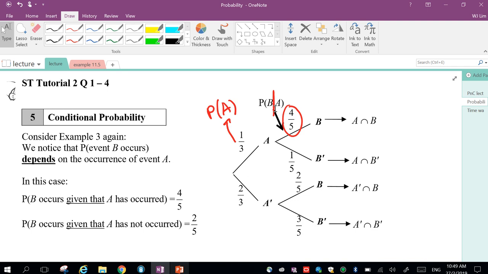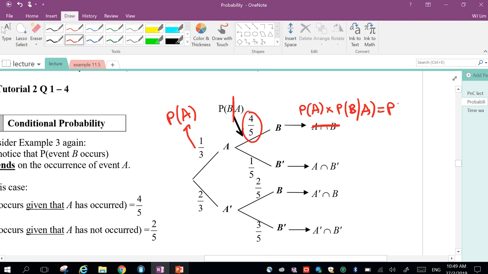So P(A) times P(B given A) is probability A intersect B. This P(A) is your 1/3, this is your 4/5.